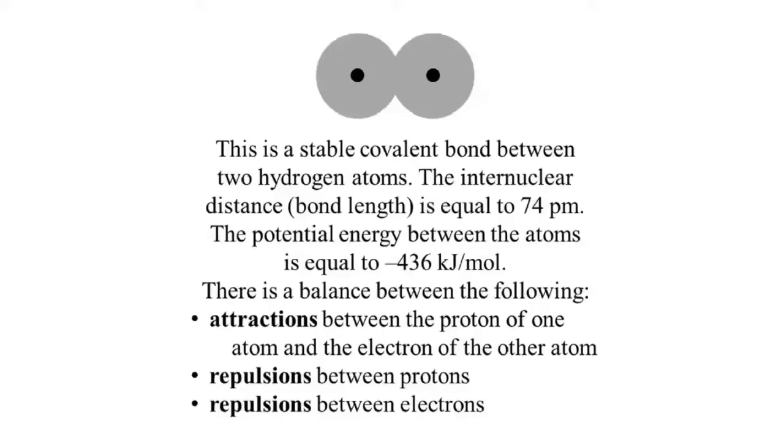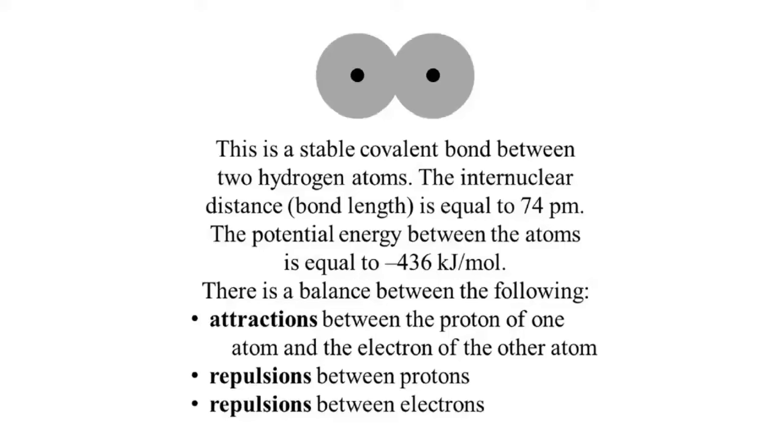Now we have a stable covalent bond between the two hydrogen atoms, and the internuclear distance, the distance between the nuclei, is the bond length, and that's 74 picometers. The potential energy between the atoms is at the lowest point when the arrangement is the most stable, and that's negative 436 kilojoules per mole.